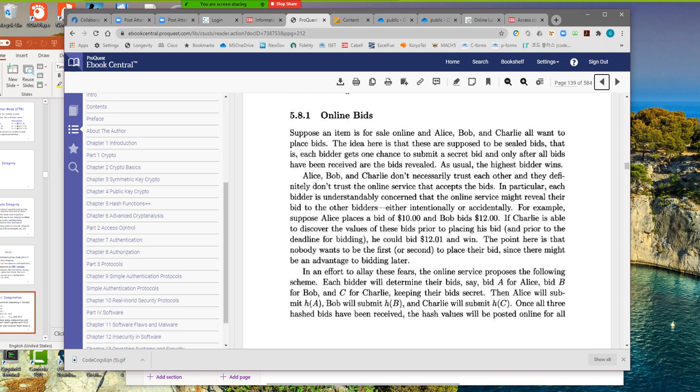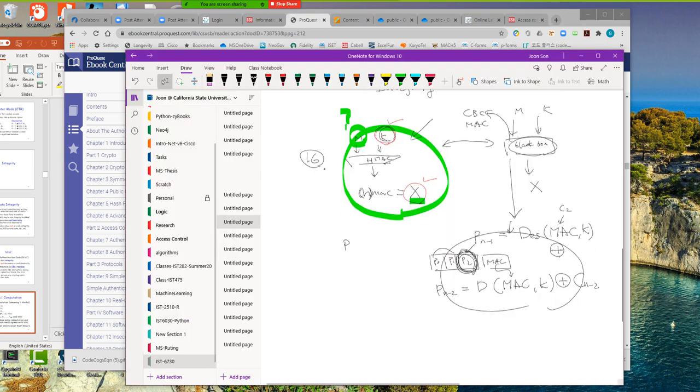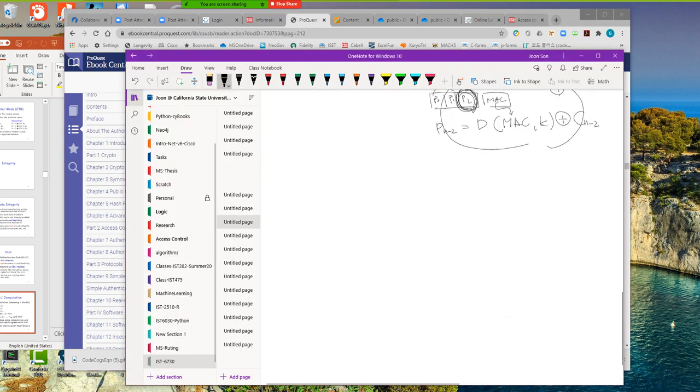So basically, the first scheme they come up with is to use hash functions, right? What they're trying to do is, Alice is going to hash $10, and then Bob is going to hash, let's say, $13, right?